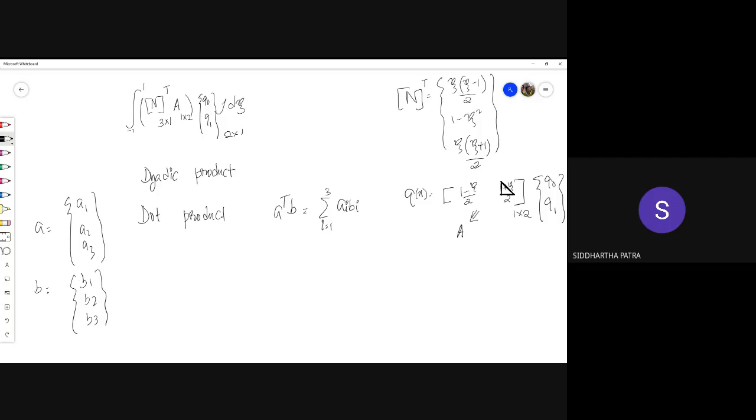In that case, the number of components should be the same in either of the vectors. So this particular expression is essentially a dot b, and that gives you a scalar out of a couple of vectors. This product of vectors that gives you a scalar is called a dot product, or the so-called inner product. That's the generic term.